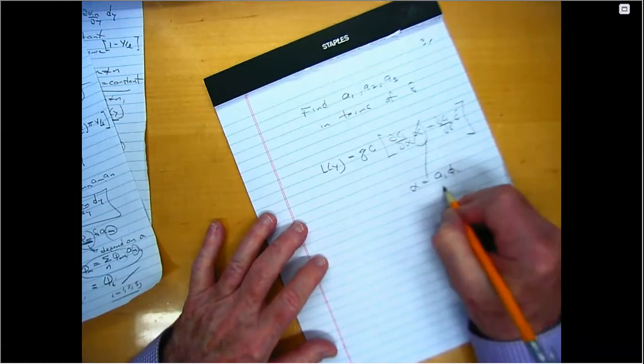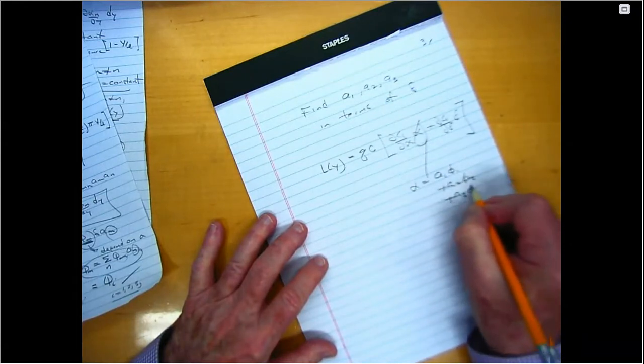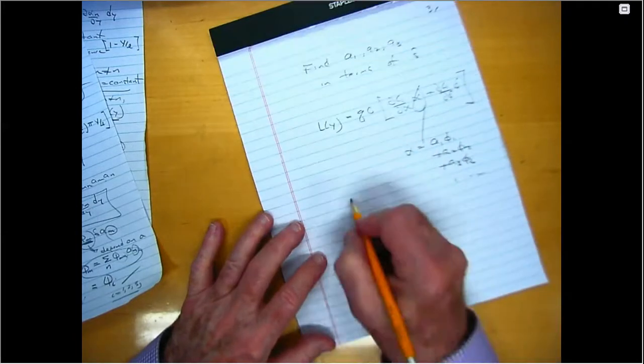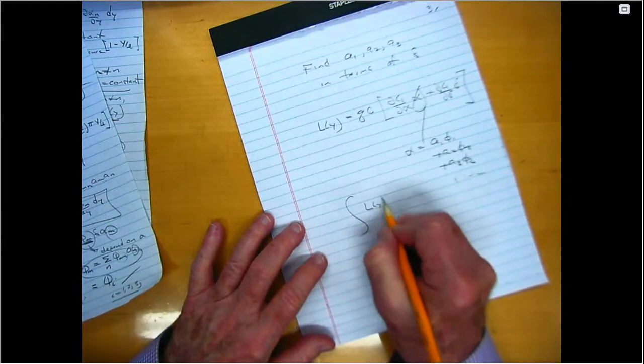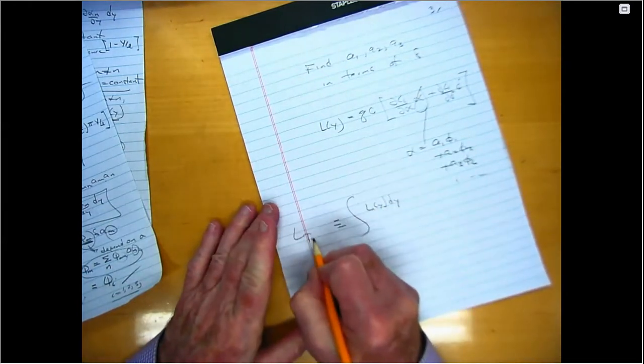q c, dCL d alpha times alpha plus dCL d delta times delta. But the alpha, you know, is A1 times v1 plus A2 times v2 plus A3 times v3, right?